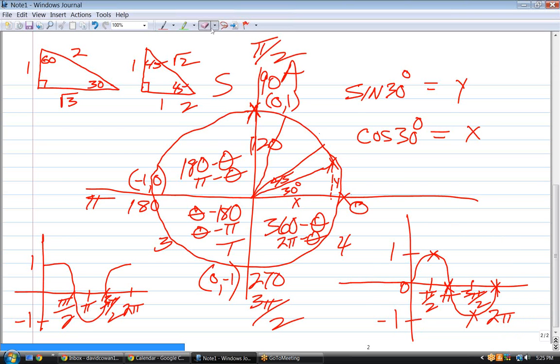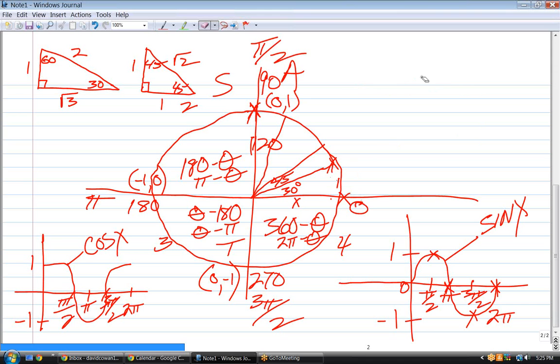If you memorize the sine curve and the cosine curve, you don't really have to know that the cosine of the angle is x and the sine of the angle is y. You could completely eliminate that information and it wouldn't hurt you in terms of figuring out all your trig angles.